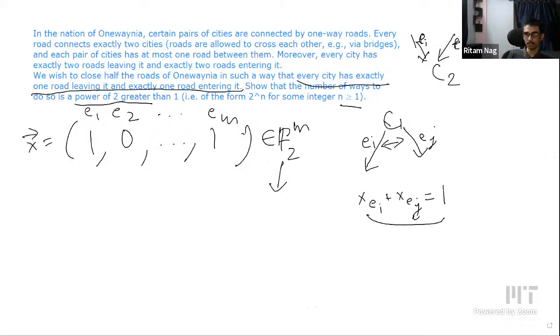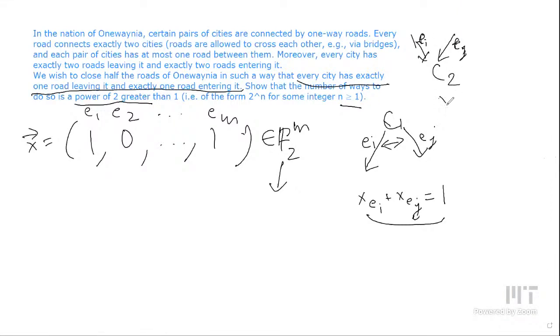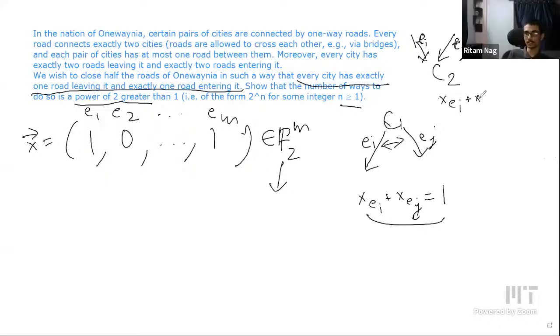I mean, let me just reuse symbols. Okay, so this i and j are some other arbitrary numbers. If you have two incoming edges e_i and e_j, you just put the same equation there. So basically, you have a large number of equations over this entire space.